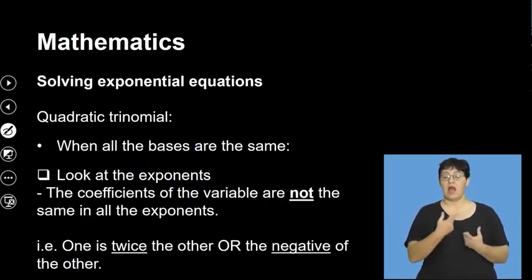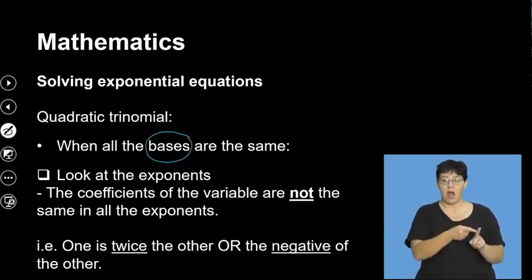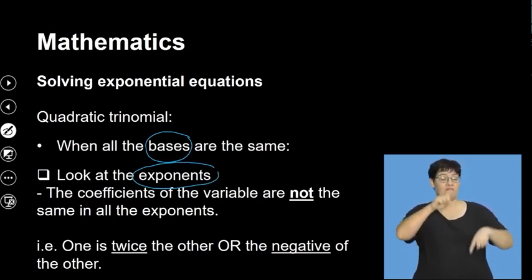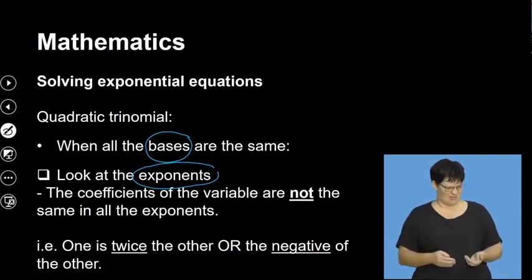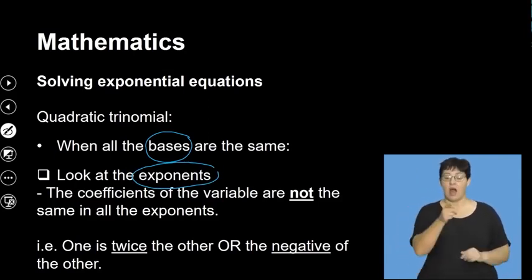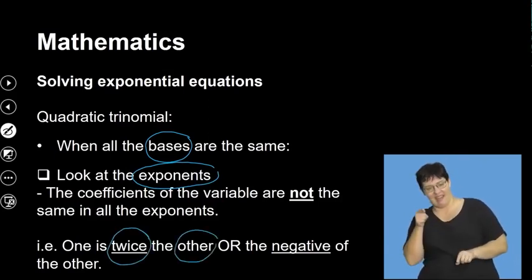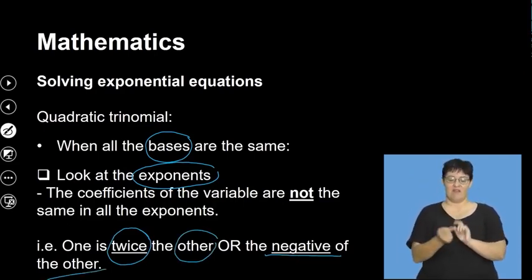Now, when it's a quadratic trinomial, again, the bases must be the same. From there, you look at your exponents. What will happen with the exponents is the coefficients of the variable are not the same in all the exponents. What does that mean? It means that one exponent will be twice the other exponent, or a negative of the other exponent.